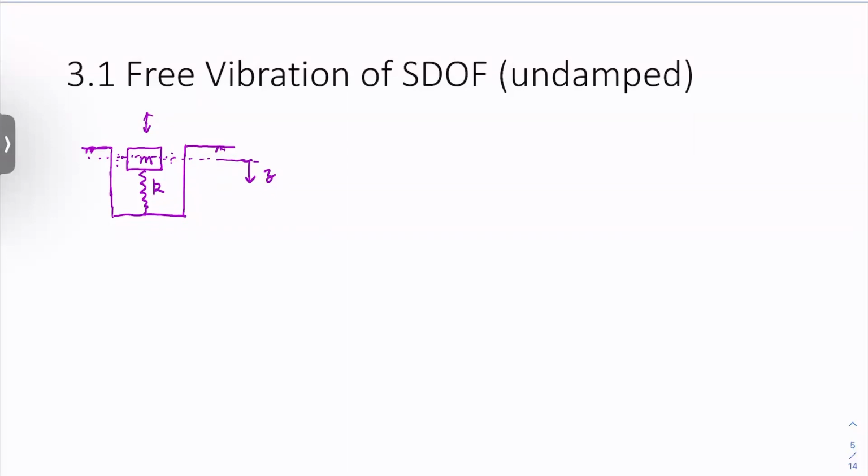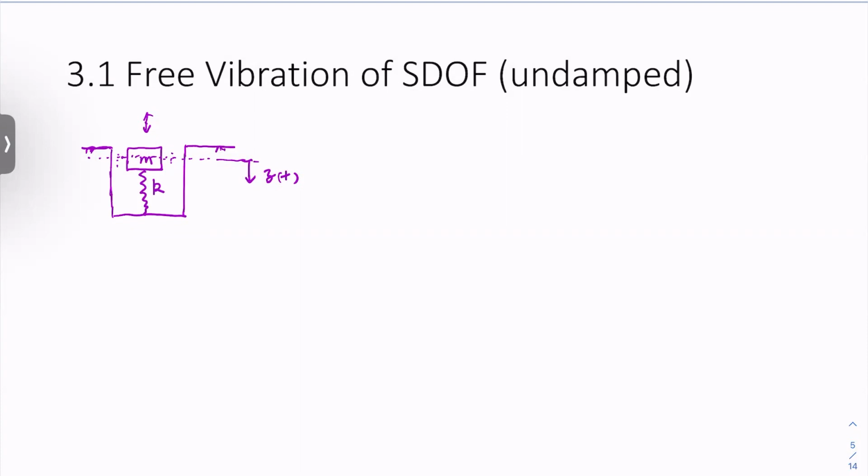Z is a function of time, right? Let's say we move this little mass down a little bit and let it go. And we know this mass will jump up and down. And now I'm saying that the downward direction is the positive direction.